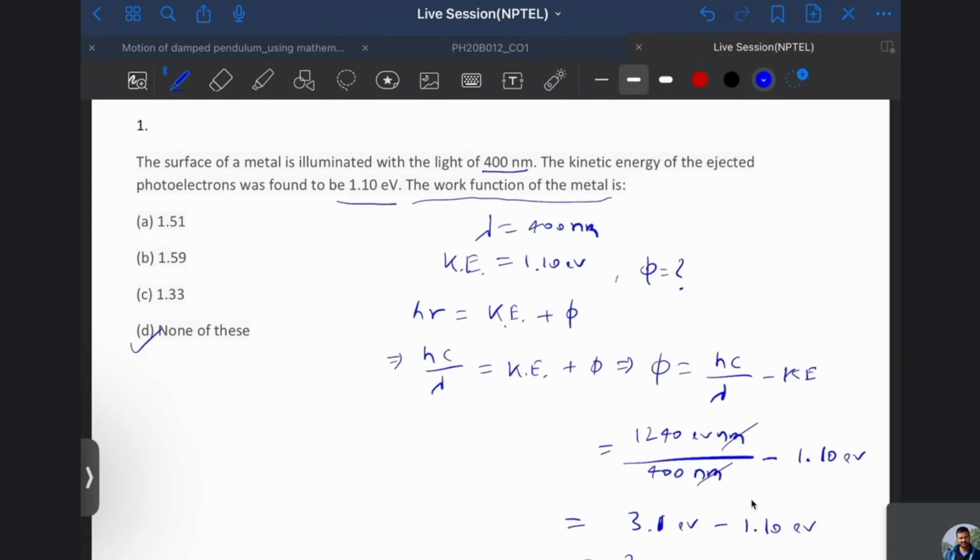Lambda I have divided here, no? 400 nanometer.